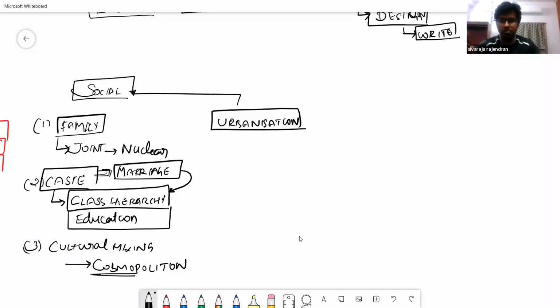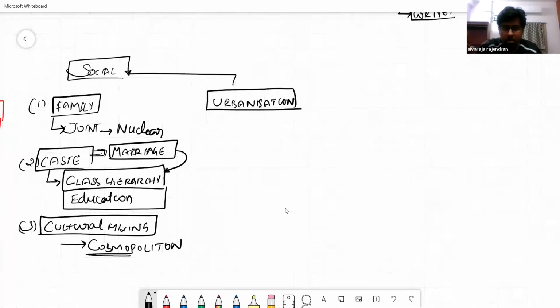Think about Delhi. Yes, Delhi is a mixture. It is not a single entity. No one from Delhi belongs to one zone. It is actually a mixture. So cultural mixing is there. Any other point you can have, caste, family you can have. Very good. Same way.